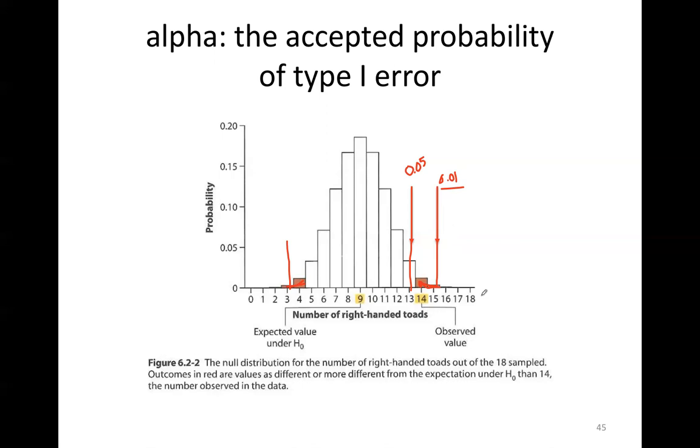We would want to see more extreme results to be able to believe that there is handedness in frogs. For different reasons, based on other types of information, we might be inclined more to accept and follow this claim or less to accept.